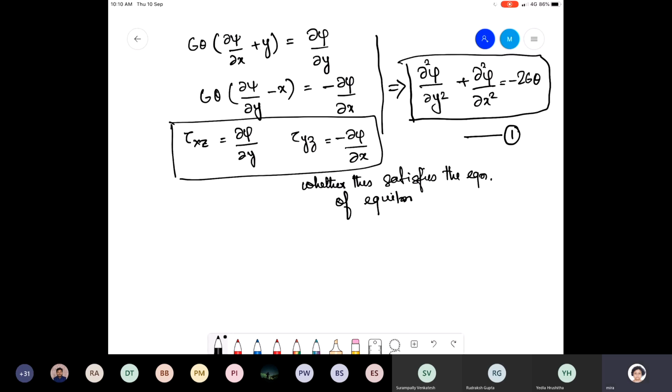Let us go into the equations of equilibrium.